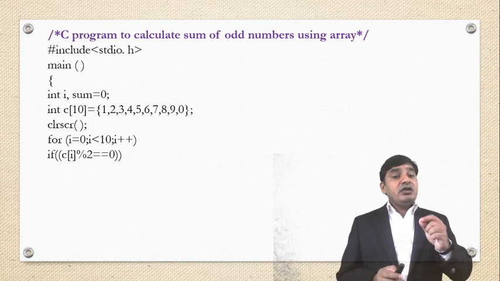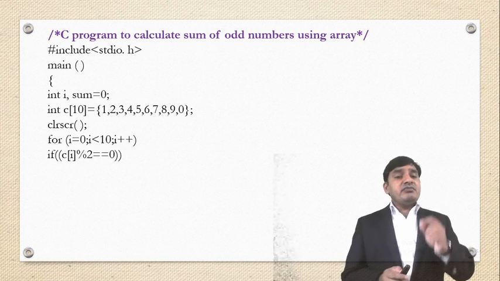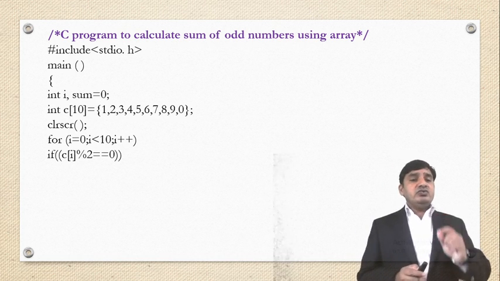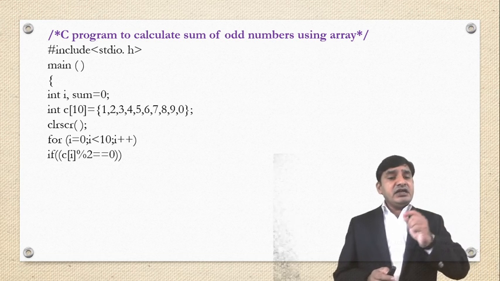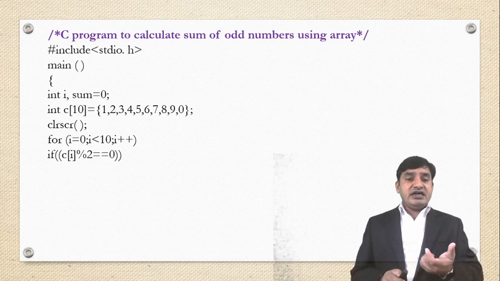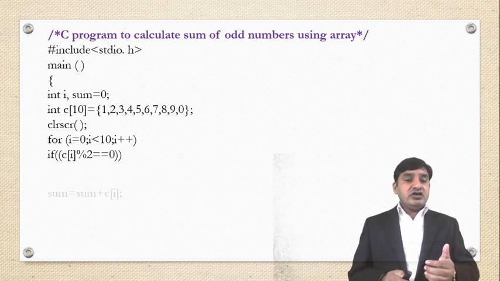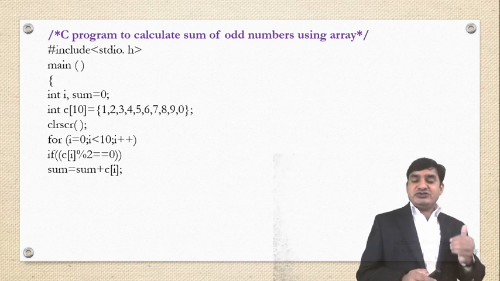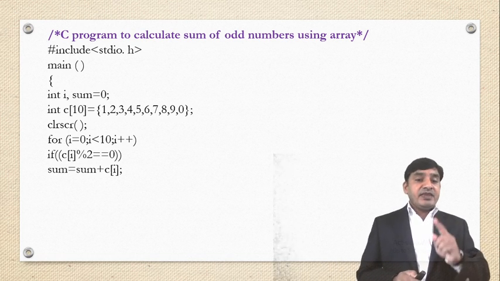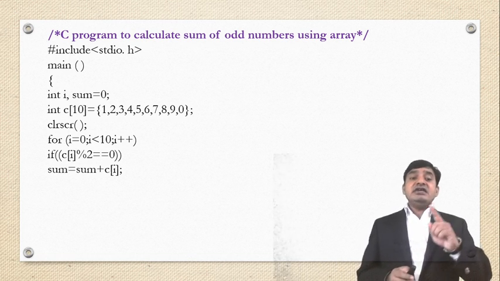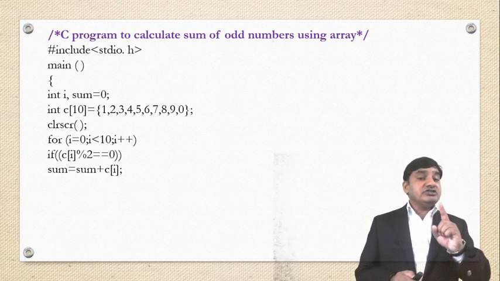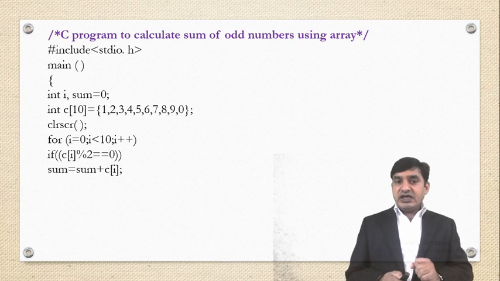Now all these numbers are divided by 2, and if the remainder is 0, if this condition is satisfied, then sum is equal to sum plus c[i], that is the number is added to sum, but sum is initially 0.